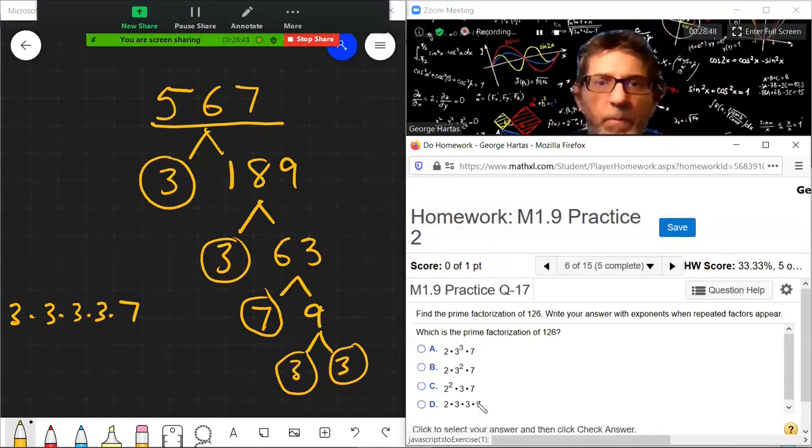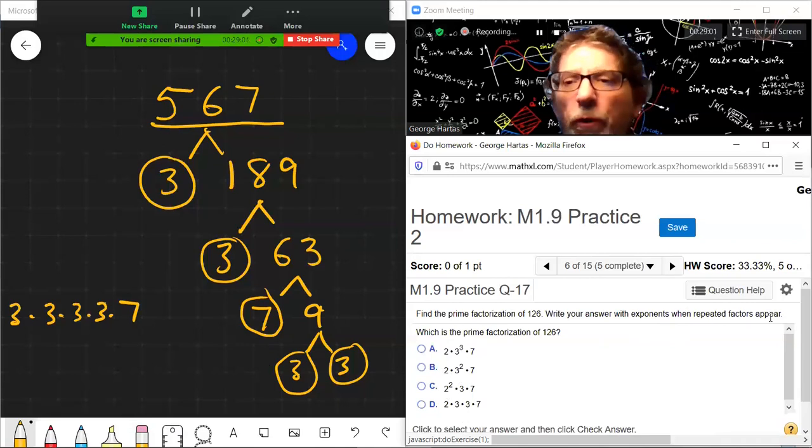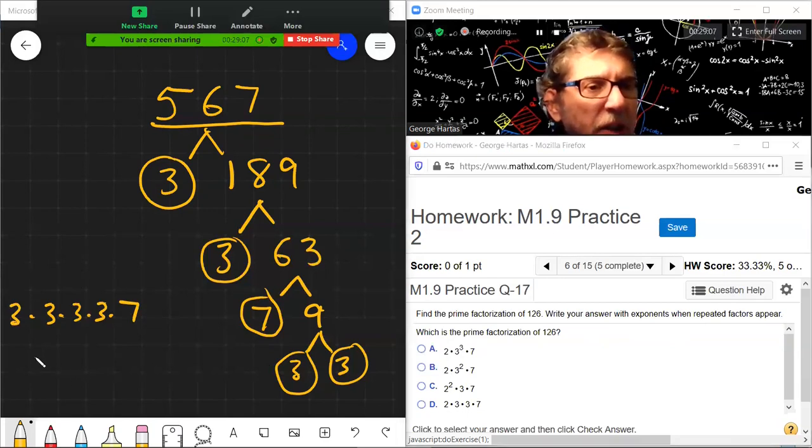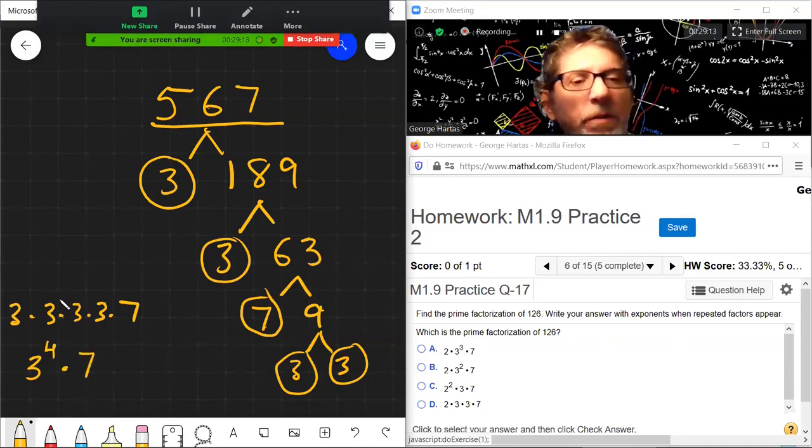All right. So we're still going to find the prime factorization, but the only difference here is that they want us to use exponential form for repeated factors. So for example, let's take a look at this one here. We could write this out as 3 to the 4th times 7. These are equivalent expressions.